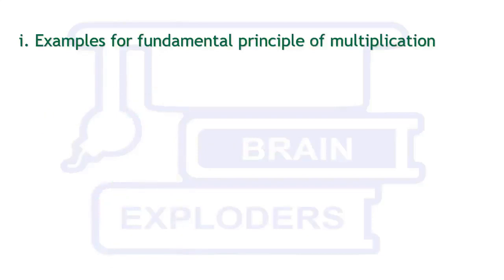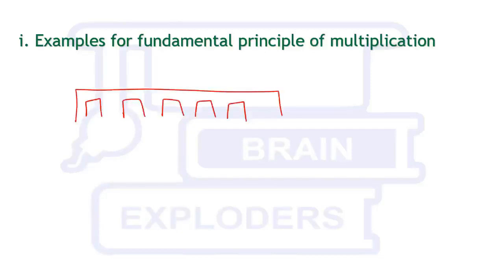Let's take another example of a hall with 6 doors. Now we have to enter the hall from any one of the doors, and then we have to exit, but the entry door should not be the same as the exit. Now how many ways are there?